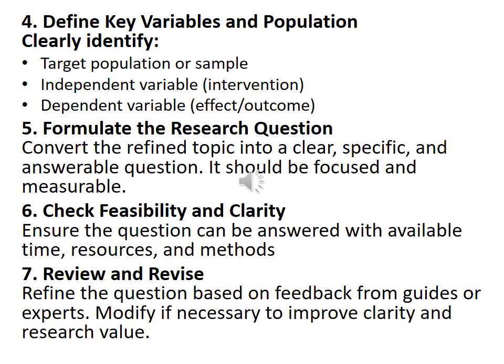So after the third step, that means once the researcher has narrowed down the topic, next he has to identify the population as well as the key variables. So he has to identify the target population. Sometimes the researcher may go ahead with a clinical trial with human volunteers.